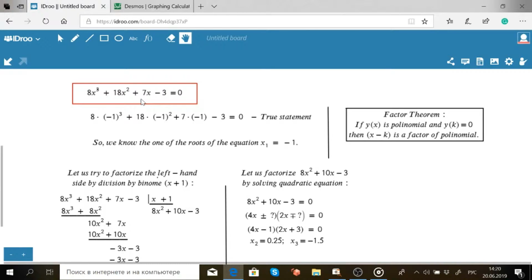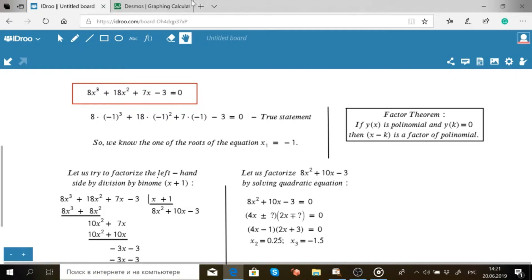To find the roots of this equation, we will try to factorize the polynomial of the third order. We will use the factor theorem for the beginning. If we take x equals 0, we would get -3 equals 0. It's nonsense. But if we choose x equals -1, we will get a true statement.